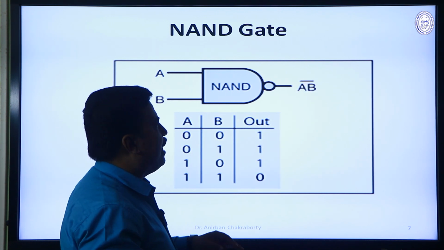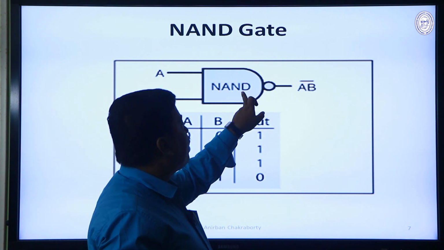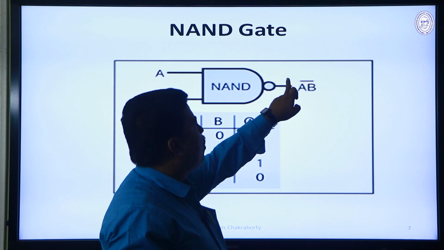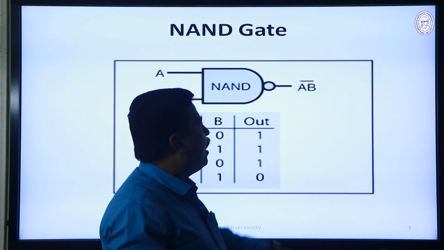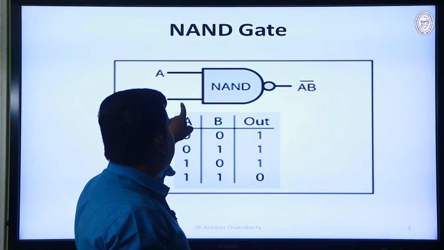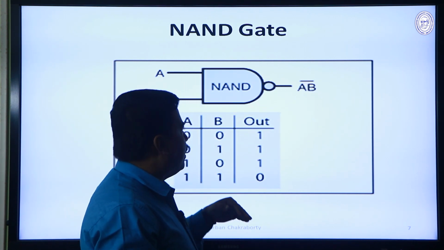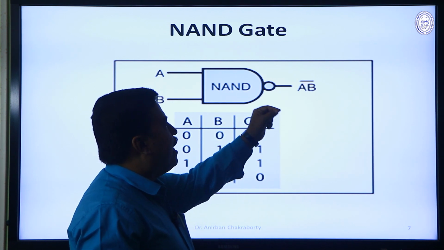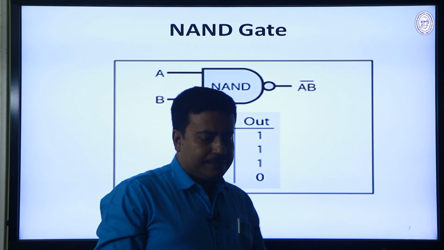After AND there is one NOT gate, so we use a bar. So for the NAND gate, if the inputs are A and B, then the output is AB bar. If the inputs are A, B, C, then the output is ABC whole bar.